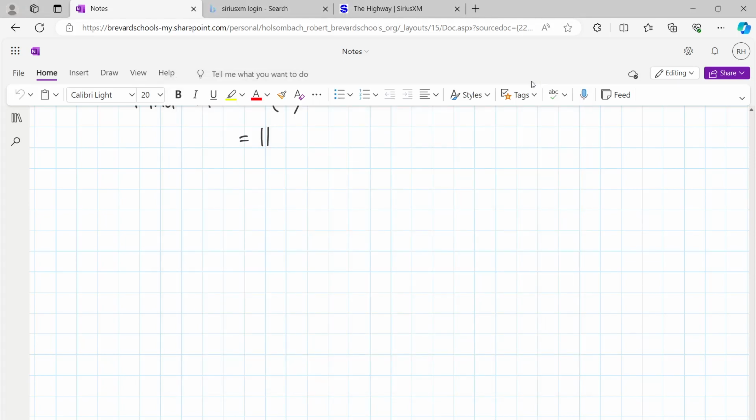All right, so we're on page 723 today, and we are going to be working with inscribed angles.